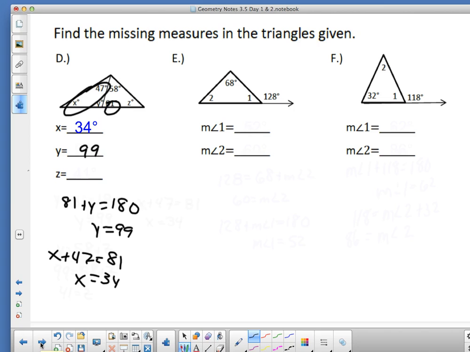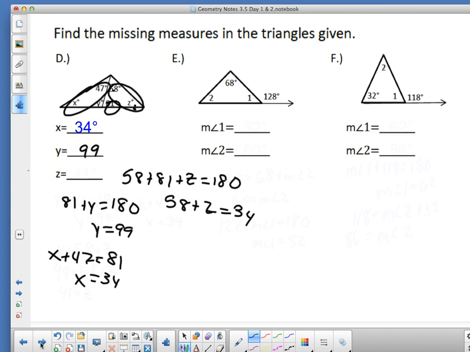And then my last one, z. I know that 47 and x, which we found was 34, 47 and x was 81, but z is sitting out here, and I can go 58 plus 81 plus z is equal to 180, as I'm going through. Or I could go, well, 58 plus z is really 34, and that's what I'd get if I subtracted my 81 from my 58 and z coming through with my y.